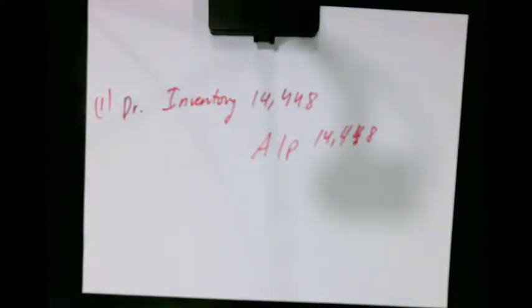Second transaction, October 3rd: purchased merchandise from Hoagie, 99.50, terms FOB shipping point, 2/10 net end of the month. Prepaid freight was added to the invoice. So here again there's merchandise being purchased with a discount. The terms are that you get a 2% discount if you pay within 10 days.